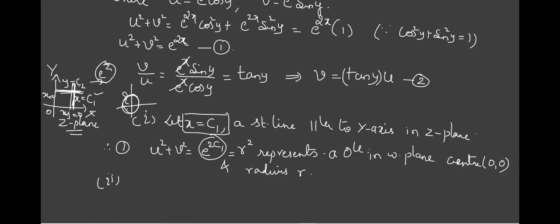See, for a circle, the radius is always constant. It never varies; for any particular circle, it will be the same. So this quantity, instead of writing e raised to 2c1, I'll write it as r square. No harm, because r square is also a constant. Now, is it not looking like x square plus y square equal to r square?